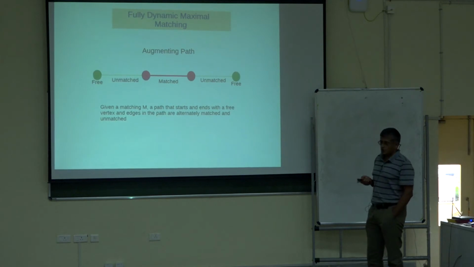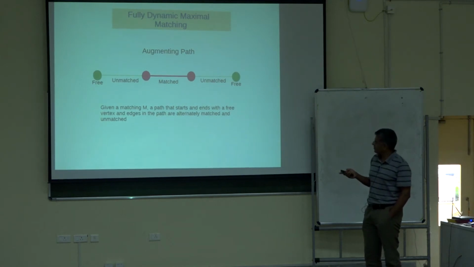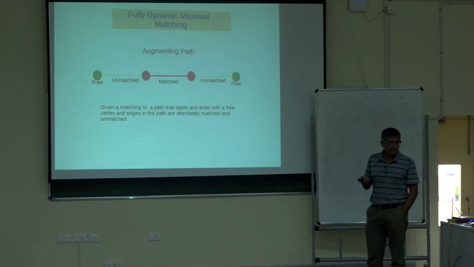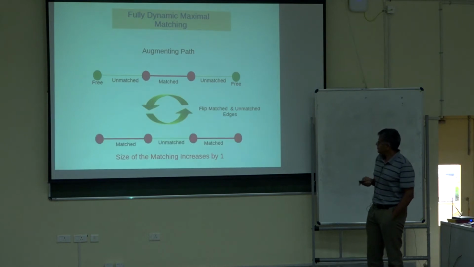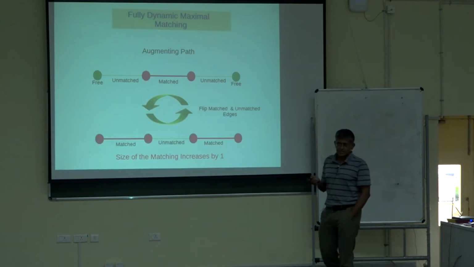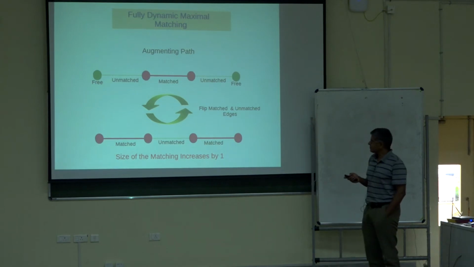Alright, so our goal is eventually to maintain a matching without three-length augmenting paths. How does one fix a three-length augmenting path? If you discover a three-length augmenting path, there are 2 free vertices at the ends, and this is an edge in the matching, and these are 2 edges which are not in the matching, you basically flip them, and obviously the size of the matching increases by 1.